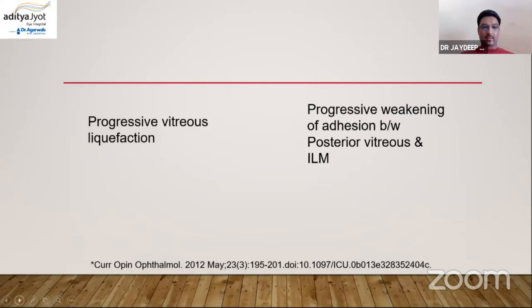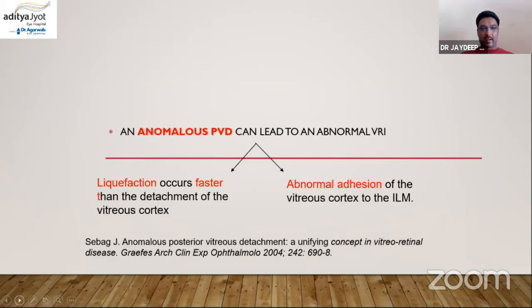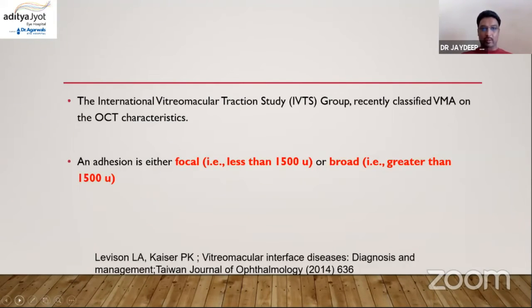The progressive liquefaction as well as weakening of the adhesions between the posterior vitreous and the ILM lead to the plane between the retinal surface and the posterior vitreous cortex, and that is a posterior vitreous detachment. An anomalous PVD is where the liquefaction occurs faster than the detachment of the vitreous cortex, as well as there are abnormal adhesions between the vitreous cortex and the ILM. So this anomalous PVD can lead to the multiple disorders which we are discussing today.